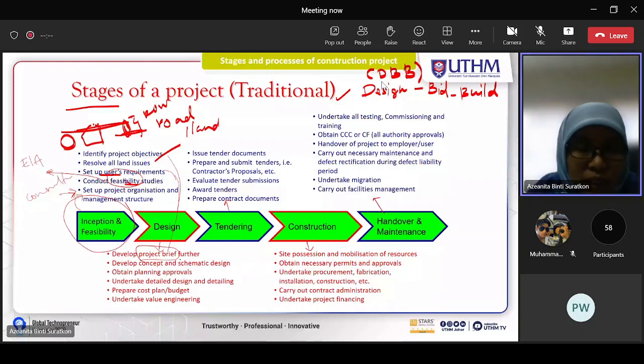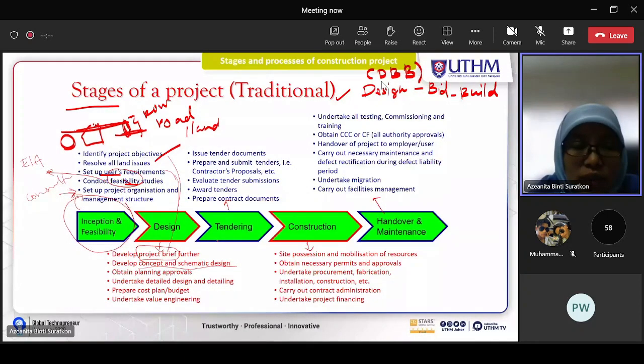So at this stage we already have the project brief, and this project brief is further refined. Then we develop the concept and schematic design based on the project brief. The client will see the project brief, and the architect will come up with the concept and schematic design.